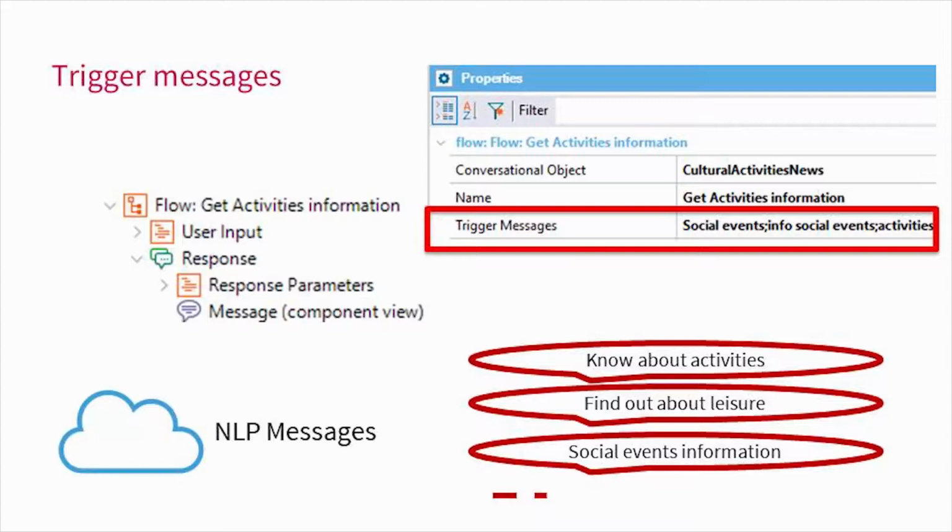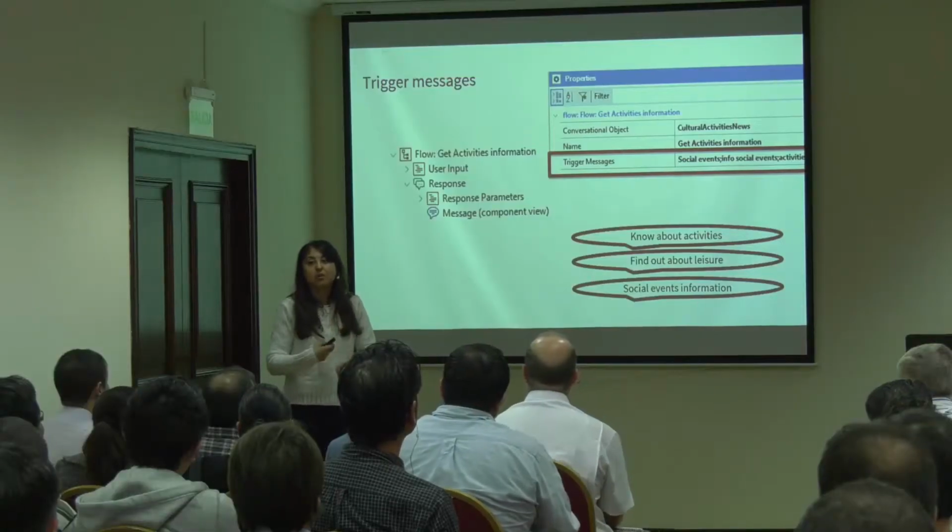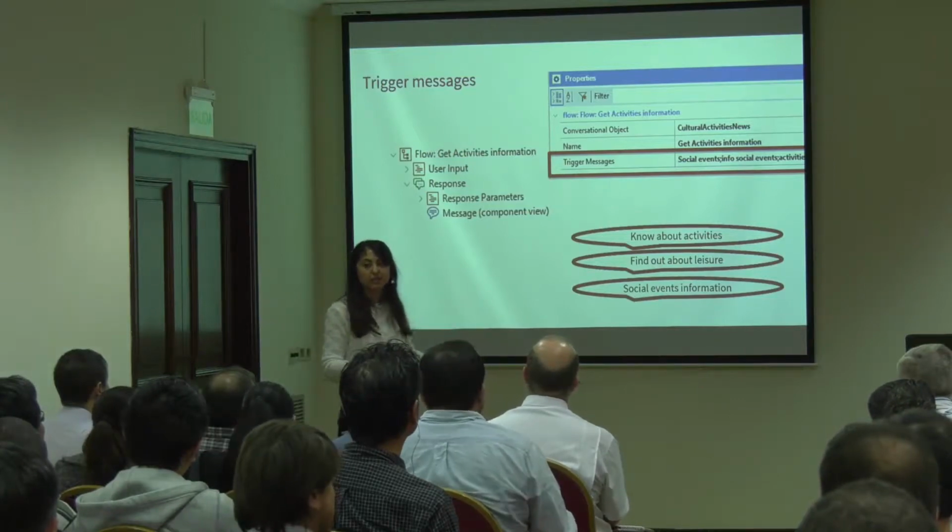about obtaining information. Know about activities, find out about leisure, social events information. This information is taken from logs, and it's not that I, as a developer, can think of all the ways of asking. There's a pilot project based on logs, and we learn the ways in which a user tried to ask something and failed.